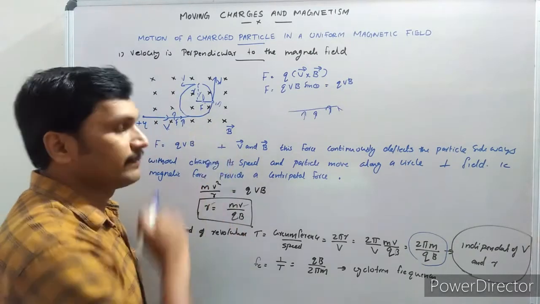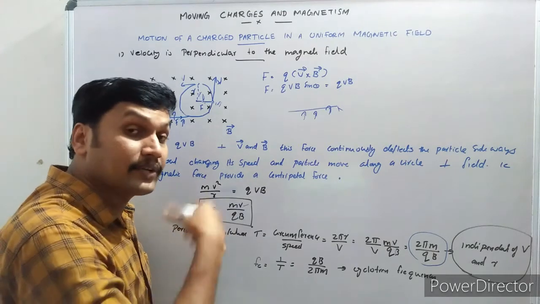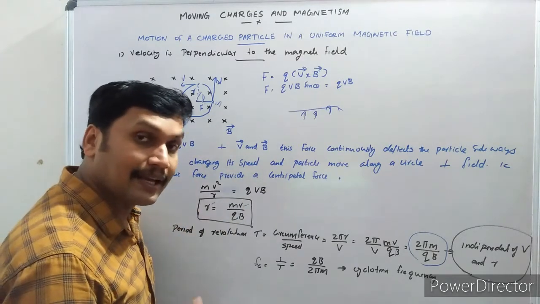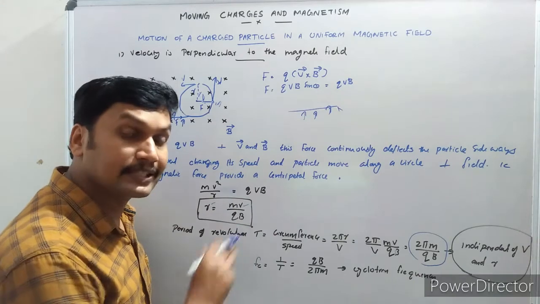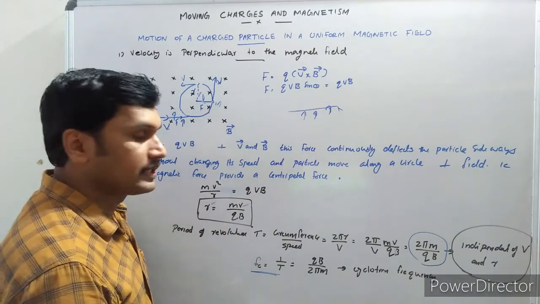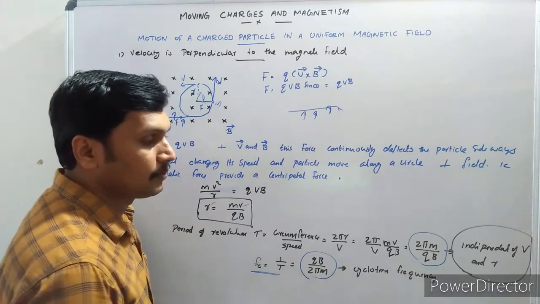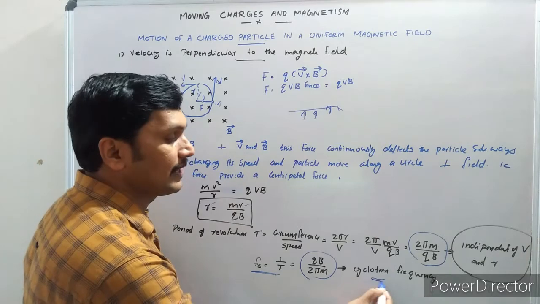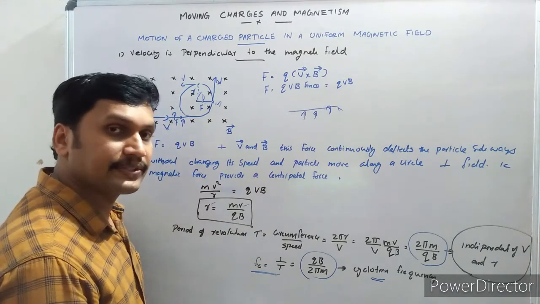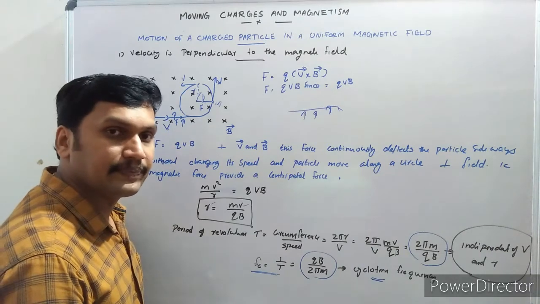Now what is the frequency? Frequency means the number of revolutions per second, the reciprocal of time period. So the frequency is equal to qB by 2 pi m. This frequency is known as the cyclotron frequency.